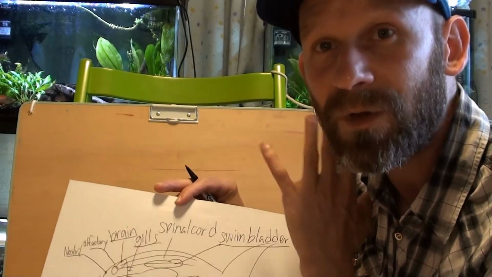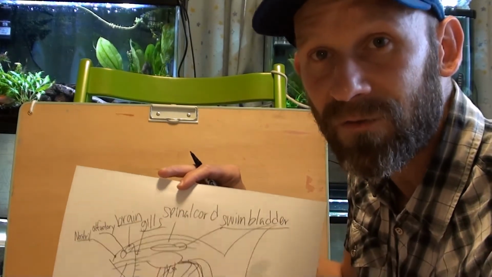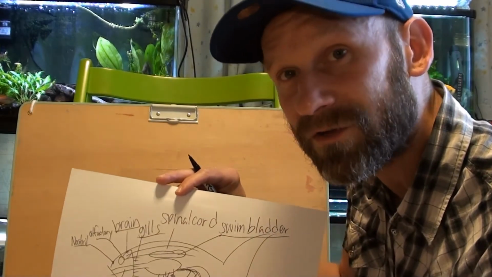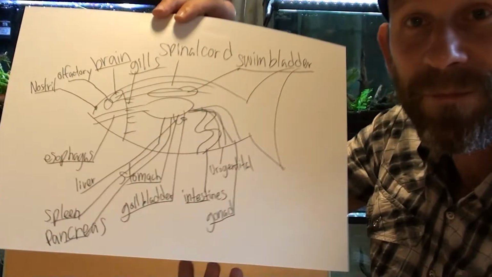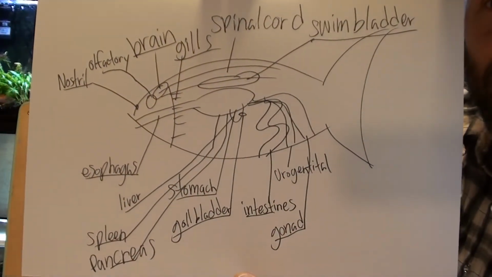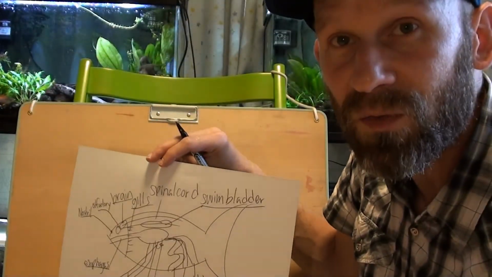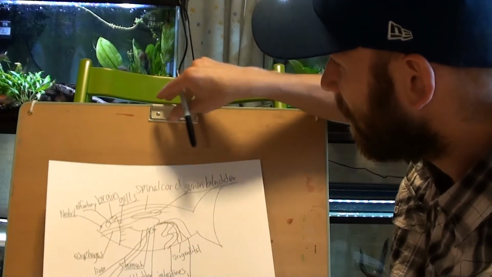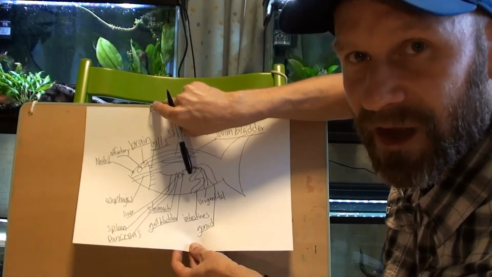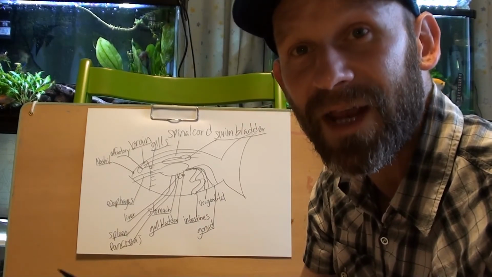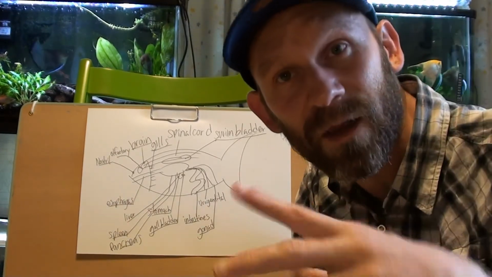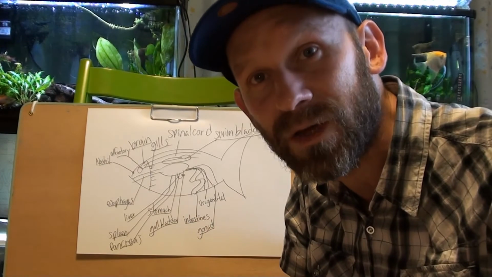I figured I'd just pick out the basic internal parts of a fish, and that's what this video is about. So here you go. You can pause the video and check that out. See if I listed any of them wrong. I'm not sure if I made any mistakes. Let me know down in the comments below.